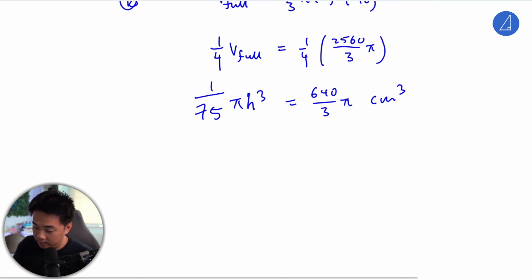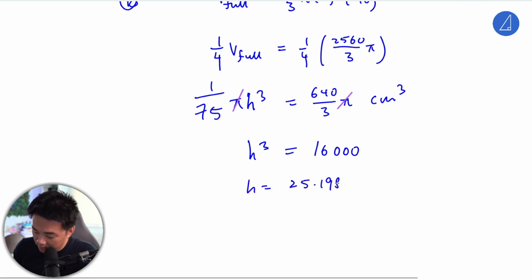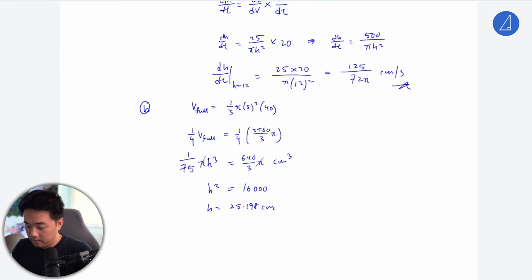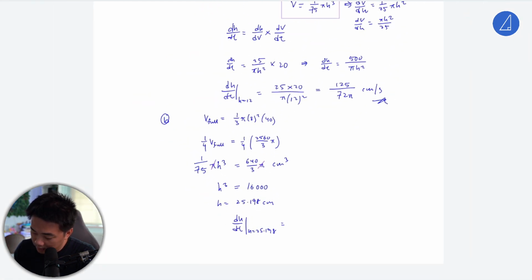Let's cancel this out. So h cube will be 16,000. So cubic root, h will just be 25.198 cm.